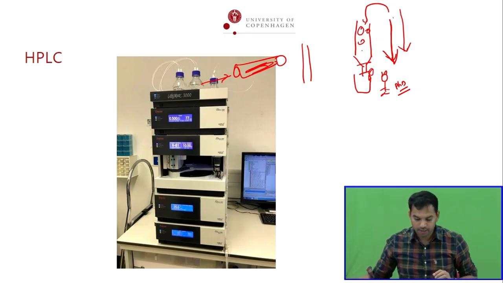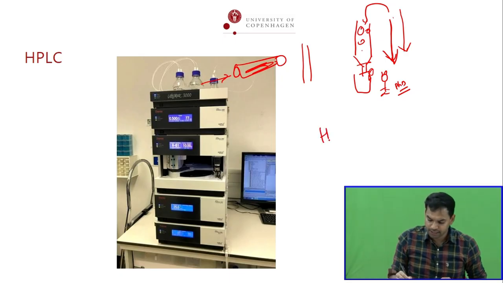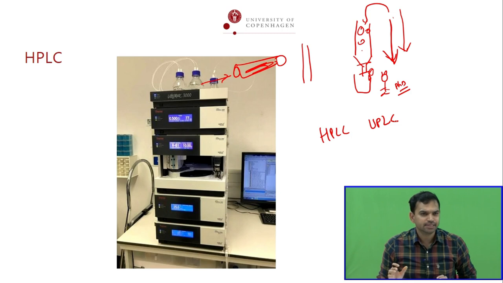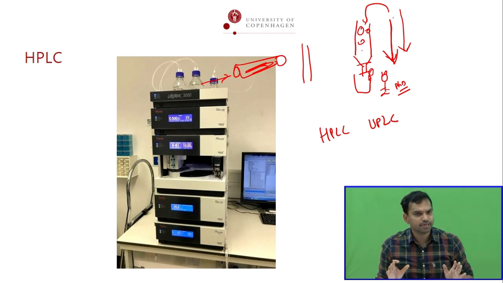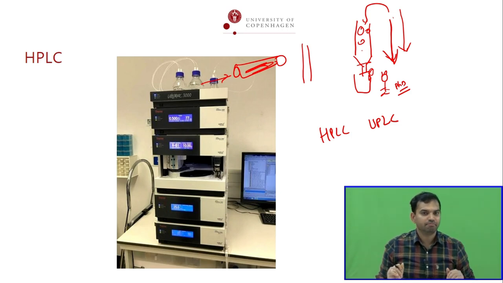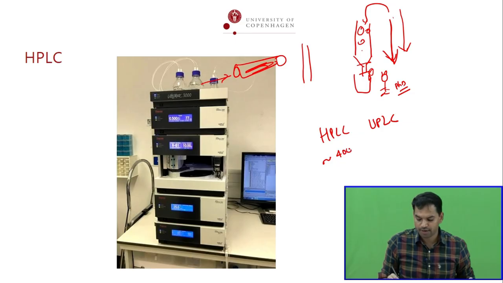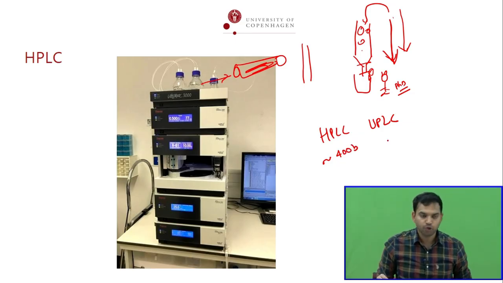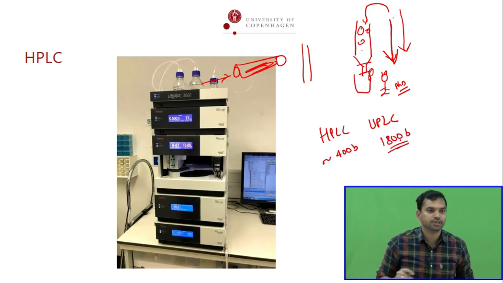Now, have you heard about HPLC and UPLC or something? They are the same but different, right? Same mechanism of separation and everything. HPLC usually operates up to 400 bar. I might be wrong here because people have different claims for that one. UPLC can handle up to today's 1800 bar-ish, something like that.